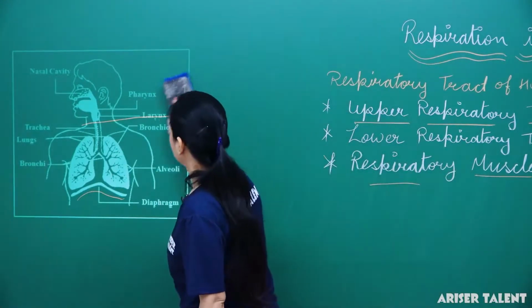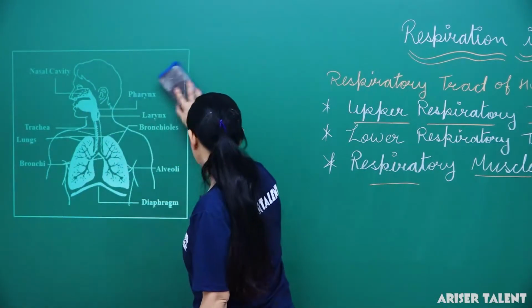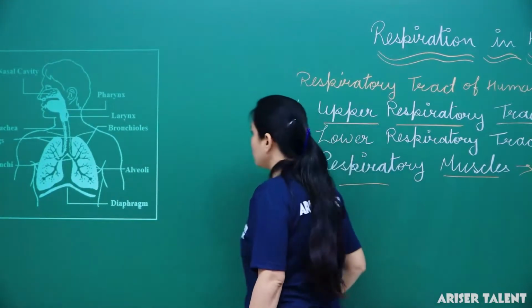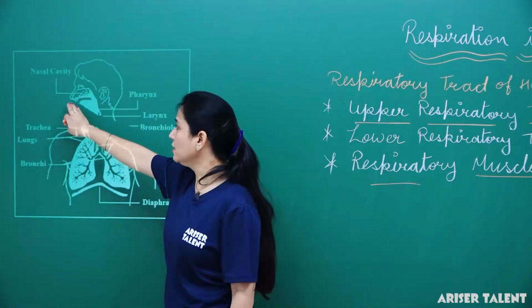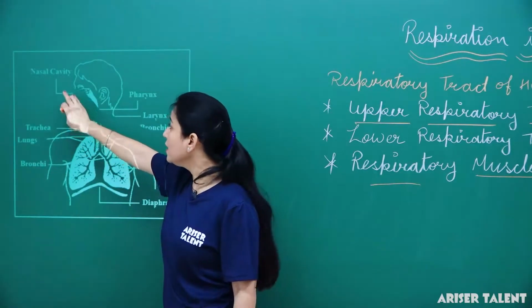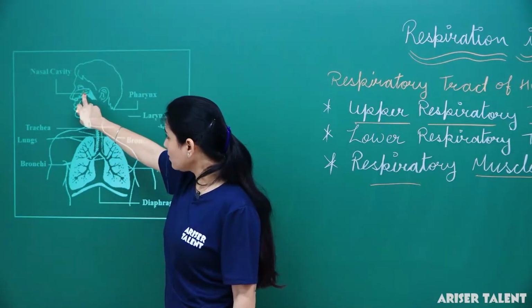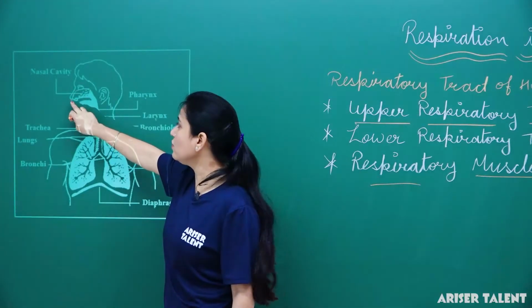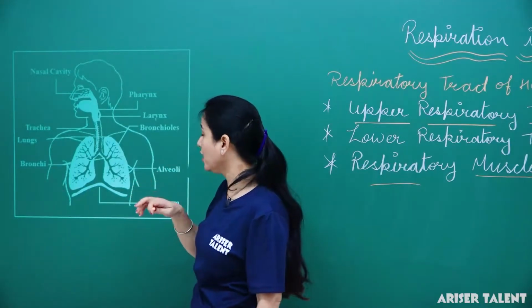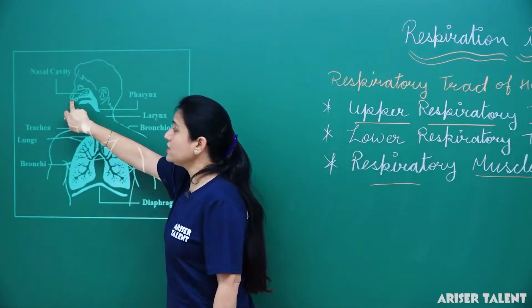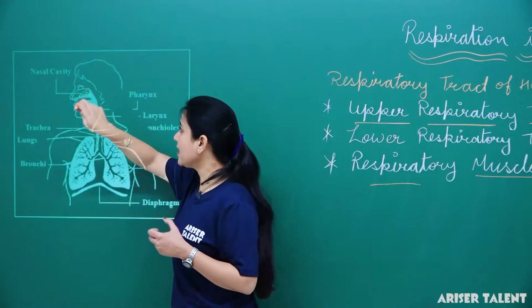Upper respiratory tract. Here we can see that a pair of nostrils is present. Air enters into the nostril. A pair of nostrils open in the nasal cavity. We are talking about the respiratory tract. So here nostrils open in the nasal cavity.